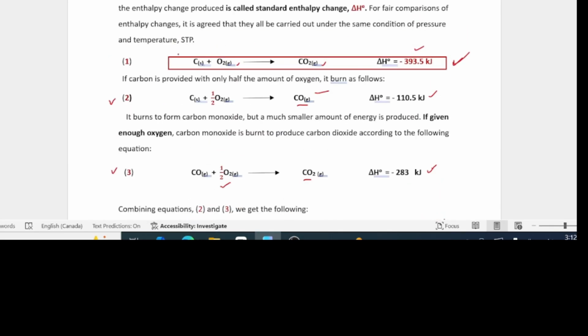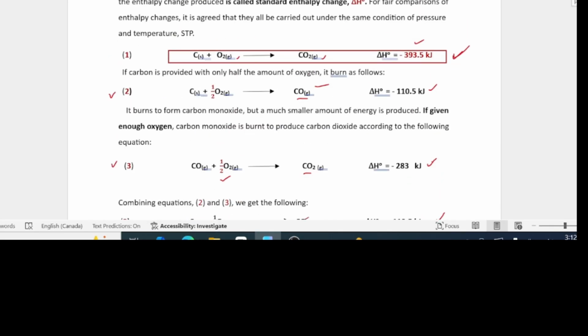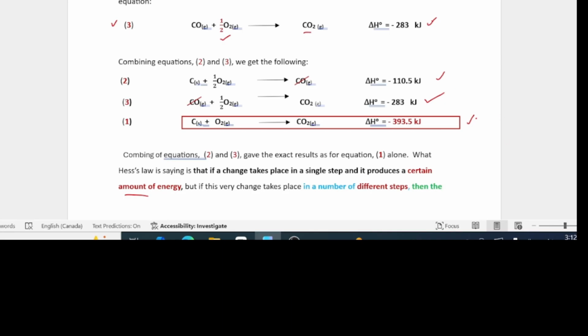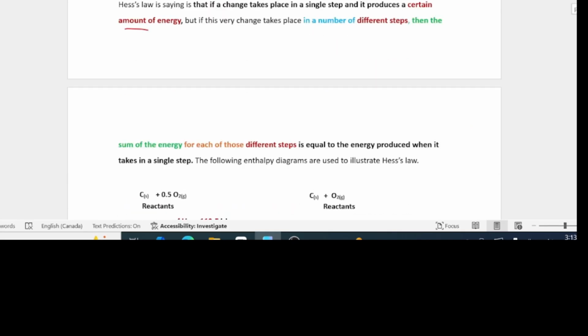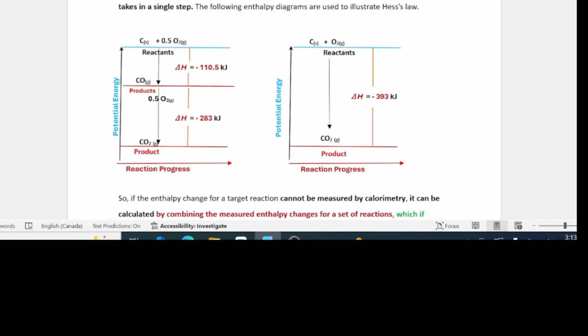So this reaction took place in a single step, but look, the same reaction here can take place in 2 different steps, this one here and this one here. So what you're saying is that the sum of the energy produced by these 2 steps must be equal to the energy that is produced if it takes place in a single step. So that's Hess's law.